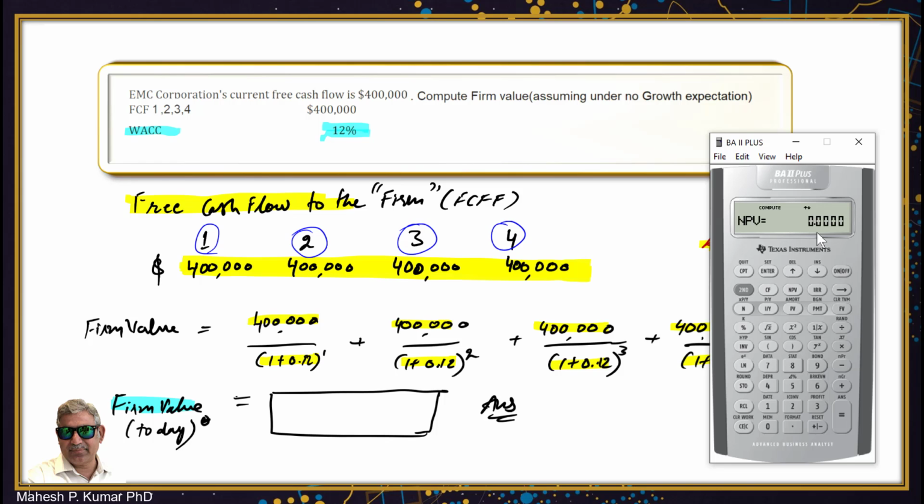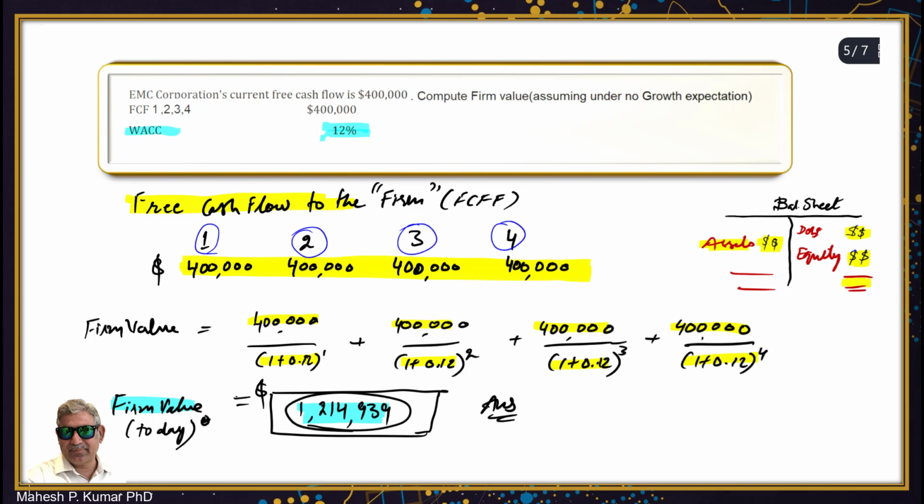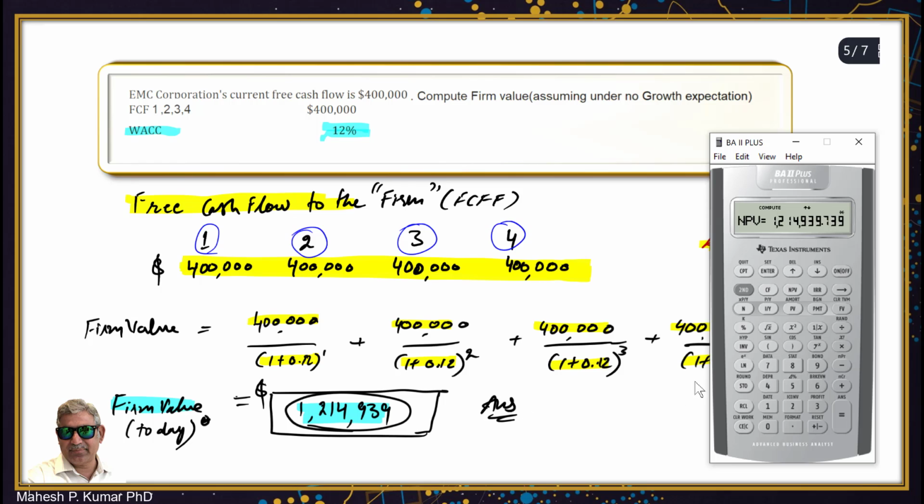NPV is something that we are trying to calculate. So let us hit the compute button, and the NPV is 1,214,939.739. So we got this number for the firm value today. Now actually we could have done this with the TVM row as well. Let us try doing that.